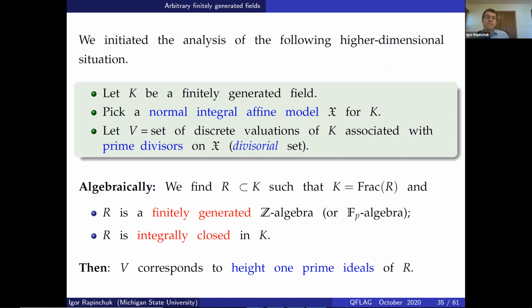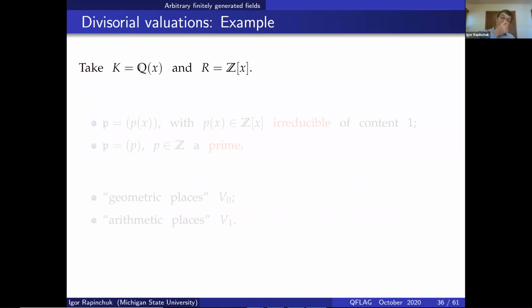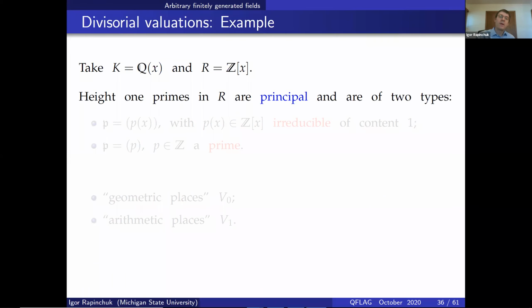Okay. So just to illustrate this setup, let's look at a concrete example. Let's take the field Q(x), the field of rational functions in one variable over Q, and for our ring, let's take Z[x]. It's well known that for such an R, the height 1 primes are principal and are of two types. First, we have the primes generated by the irreducible polynomials of content 1.